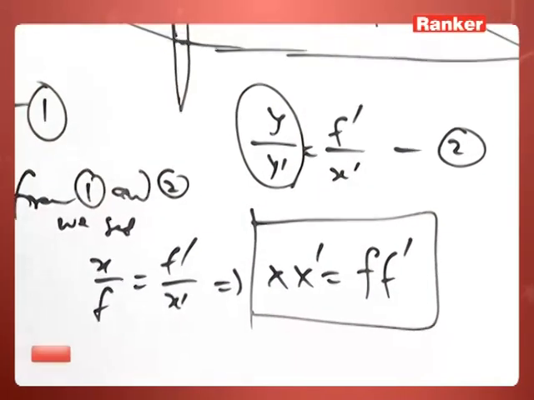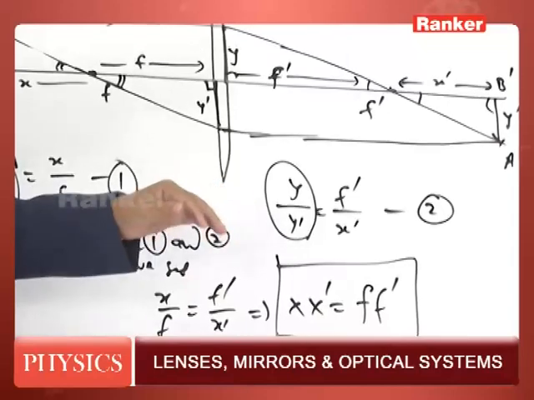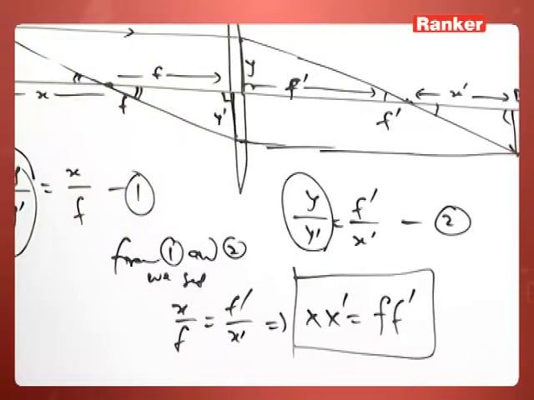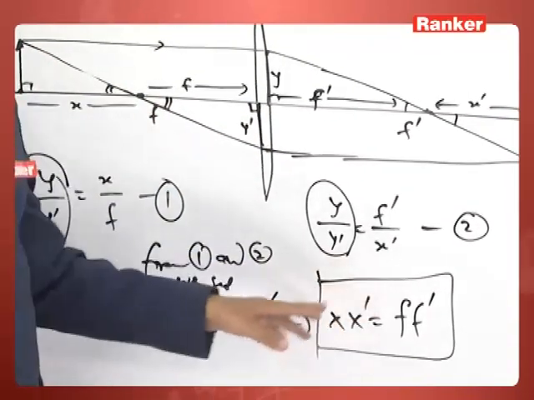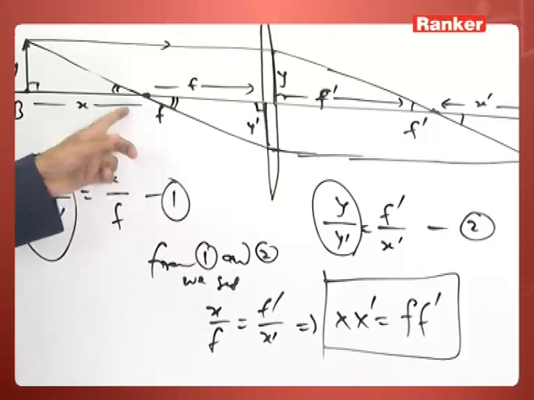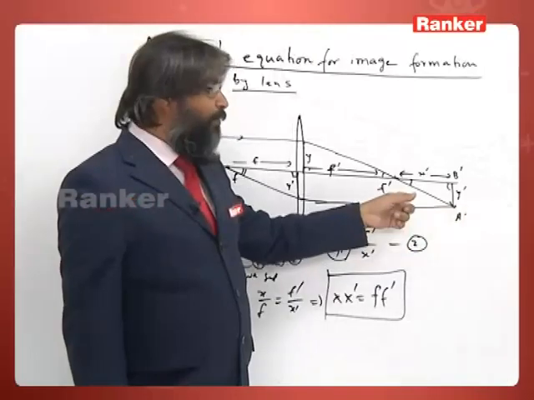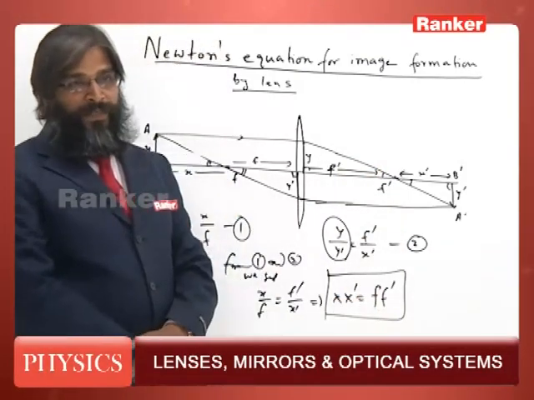This is Newton's formula. So, this formula can be used just like 1 by V minus 1 by U is equal to 1 by F, where all the distances are measured from the lens, but for this formula, the object distance is measured from this focus and the image distance is measured from this focus. So, x x dash becomes f f dash formula.